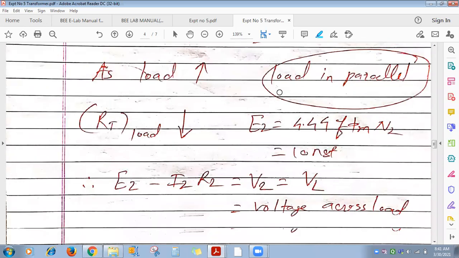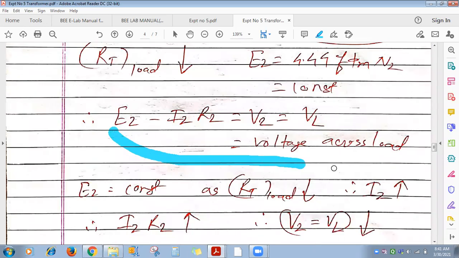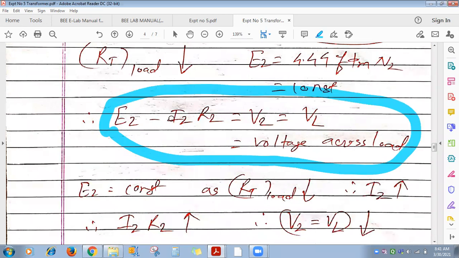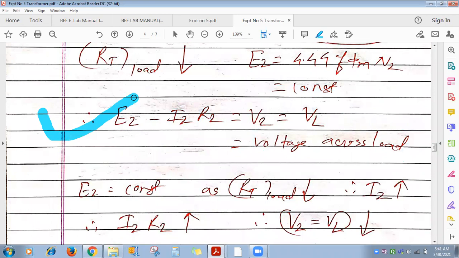Okay, so whatever the EMF induced in the secondary, some percentage of it is dropped across the copper winding resistance and the rest is applied across the load, which is marked as V2 or VL. This is the voltage equation you got on the secondary. Now E2 is constant, load you are increasing, that's why I2 is increasing, so the I2 R2 drop will go on increasing.